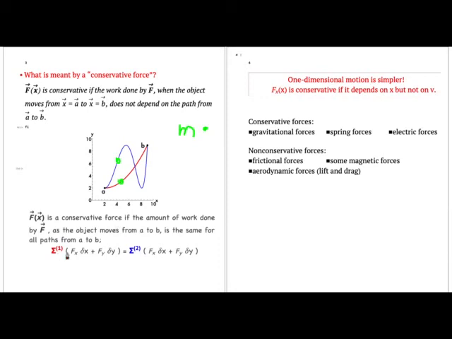So, if this is in 3 dimensions, or let's just say 2 dimensions, then the work done over a small displacement, let's say delta x, it's in 2 dimensions, so it'll be a vector, delta x vector, is Fx delta x plus Fy delta y, the dot product.